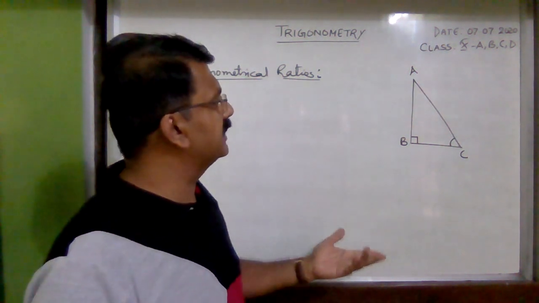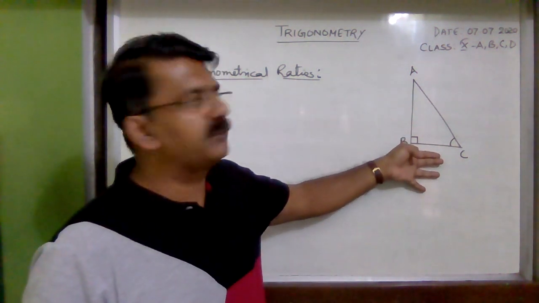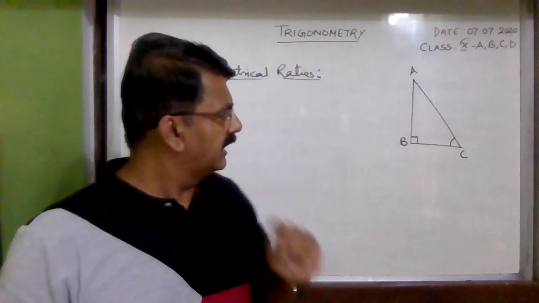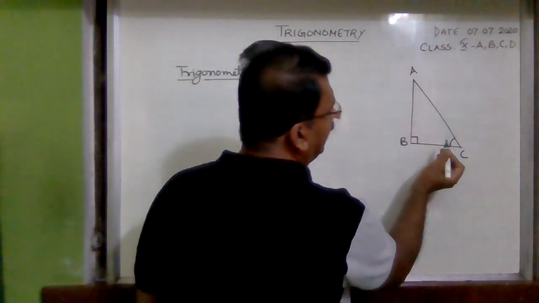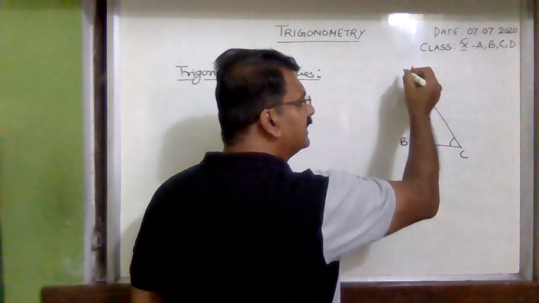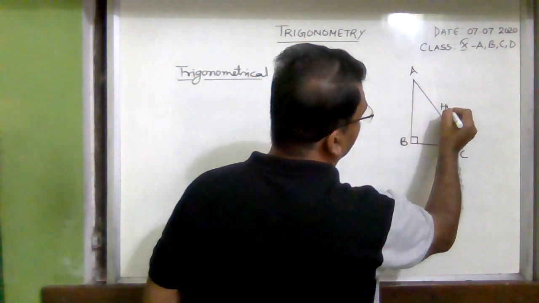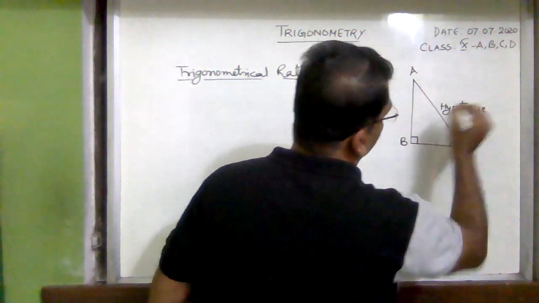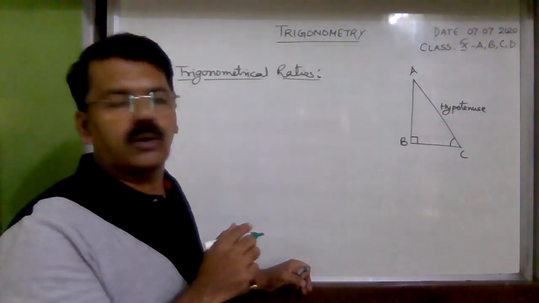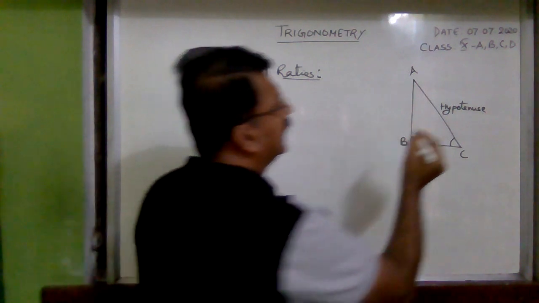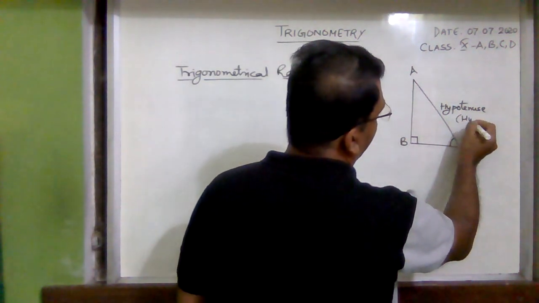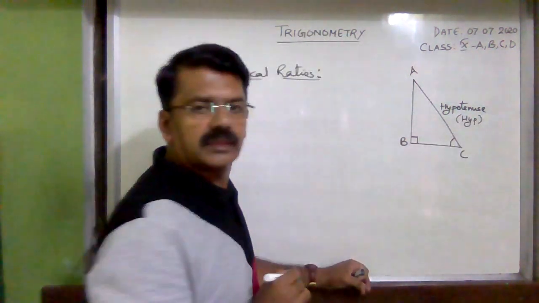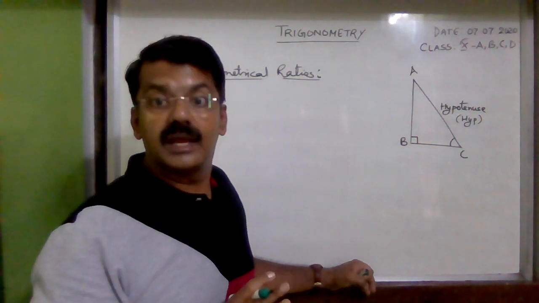Now what is the difference when we take C as a reference angle or A as a reference angle? Let me explain. All of you know that in a right angle triangle this AC is called the hypotenuse. This AC is called the hypotenuse always. In short, we will write HYP. Clear? That is the hypotenuse.